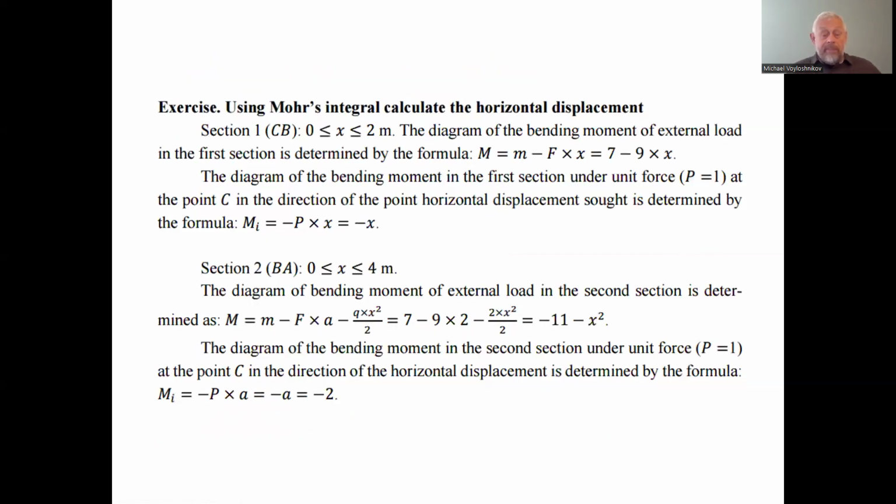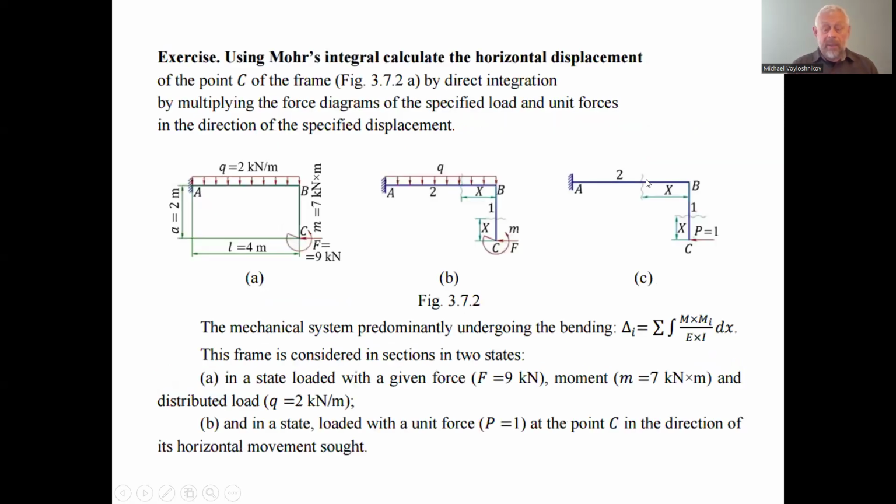For the first section, the vertical part of the mechanical system considered, first we have to have the diagram of the bending moment of the external load. And we can do that by the formula indicated here as the bending moment under the external load assigned F. We have that this is the pattern of the change of the bending moments in the vertical element of the mechanical system under the action of the assigned load.